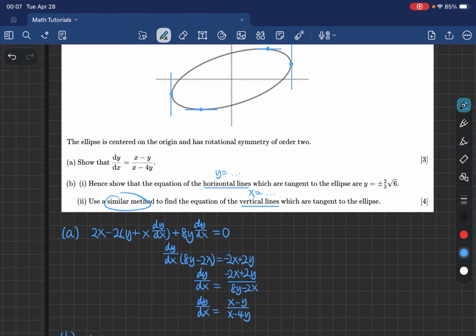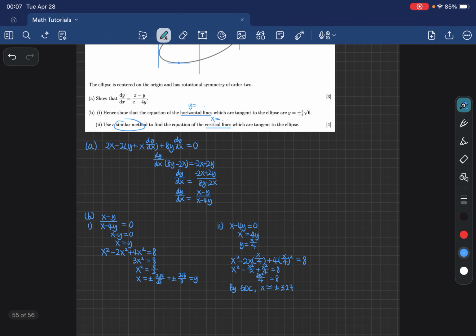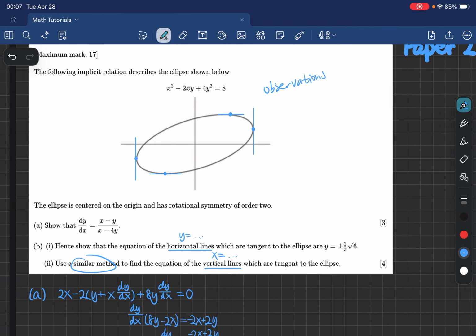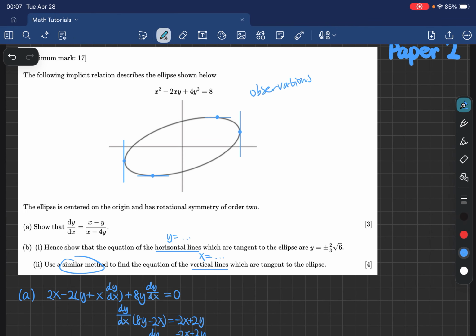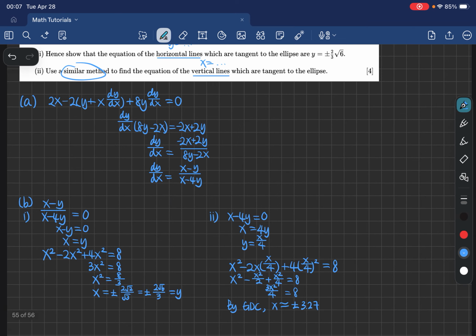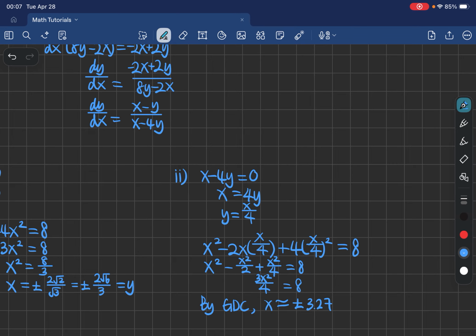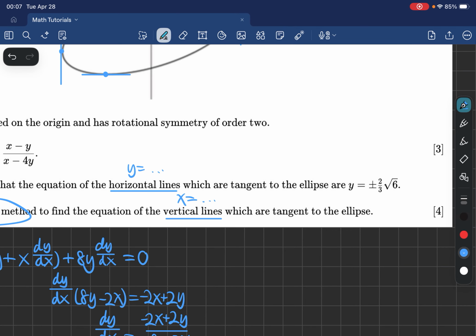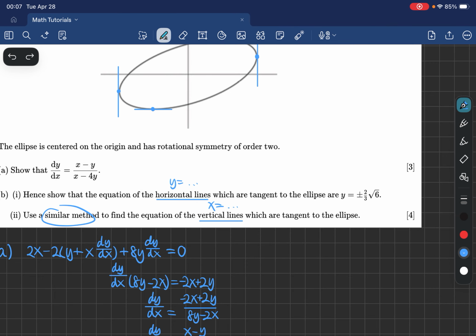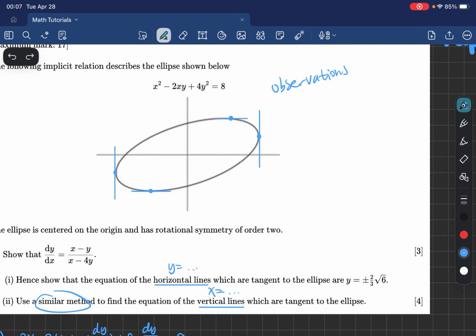So we just set x minus 4y as 0, and then we have x equals 4y. And remember, for a vertical line, the function is always x equals some constant. So we want to find the x values, so we don't really need to find the y value first and then the x value. We just find the x value directly.